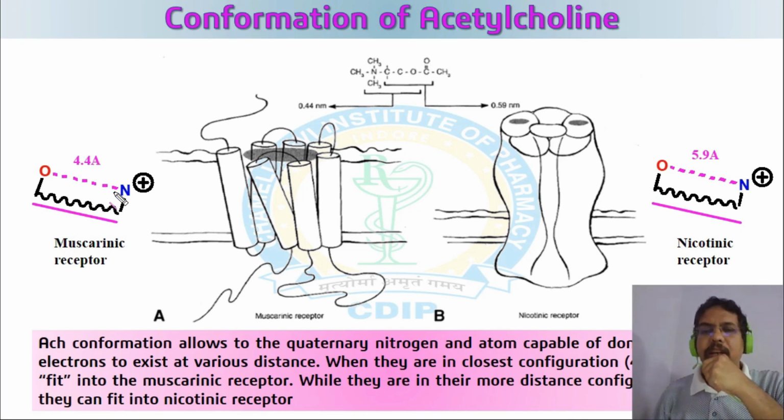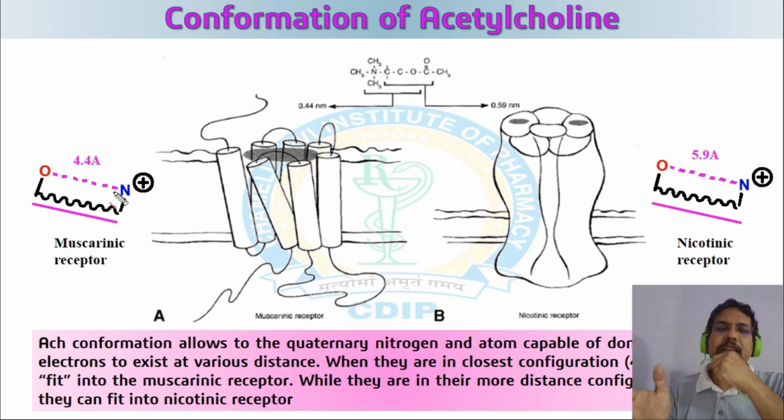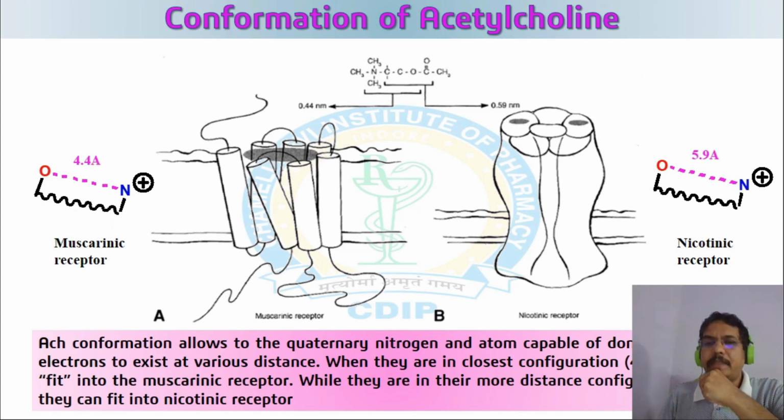But if we hinder the rotation, then this distance remains fixed, and in such a case the molecule is able to bind with only the muscarinic receptor or might bind with only the nicotinic receptor.